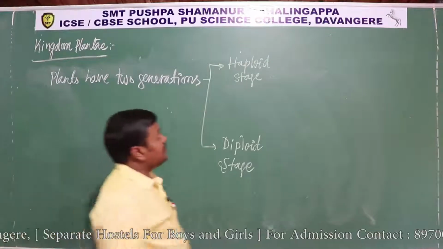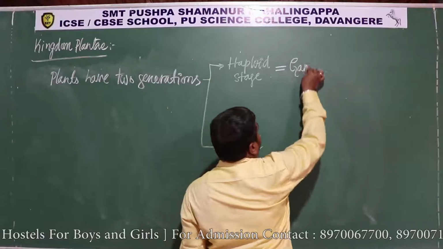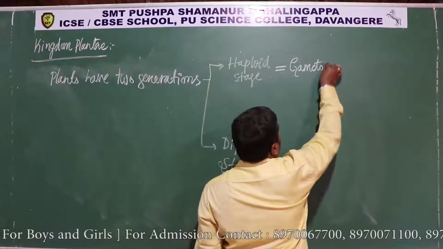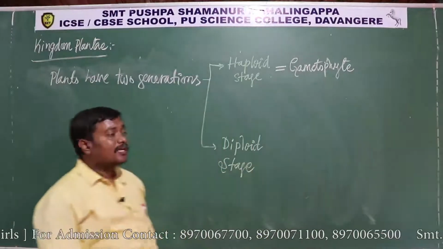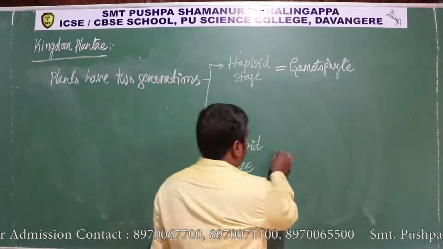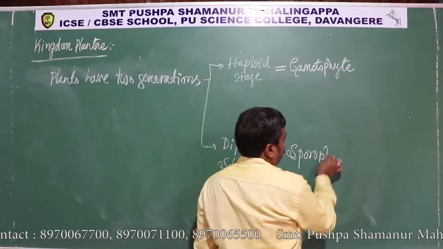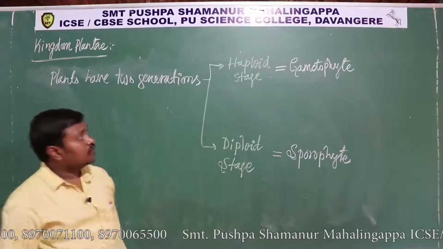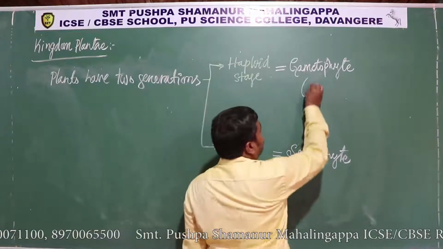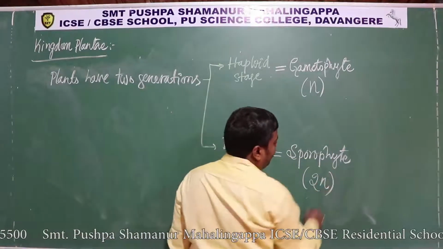So the haploid stage we call the gametophyte stage, and the diploid stage we call the sporophyte. Okay, so remember, gametophyte is haploid in nature, sporophyte is diploid in nature.